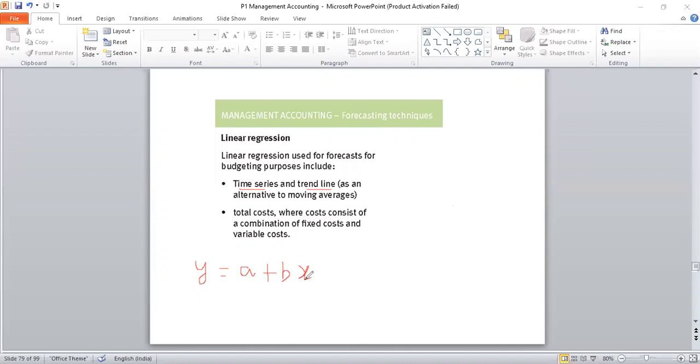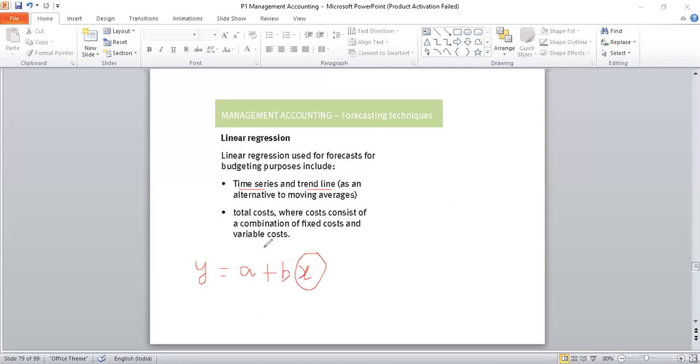x is the variable, because the total cost keeps changing whenever there is a change in the number of units. So x becomes the number of units or output or volume. When x changes, one part of the cost changes. With the changes in x, variable cost varies. No matter whatever is the value of x, fixed cost remains unchanged.